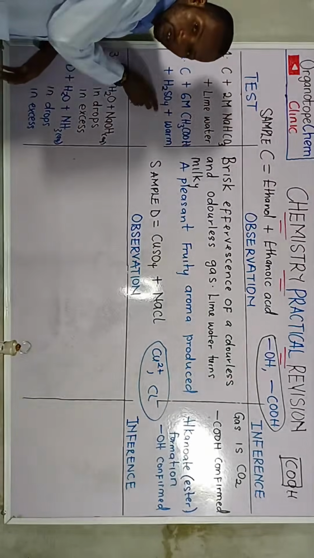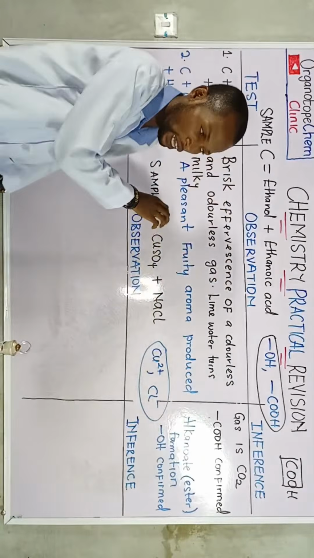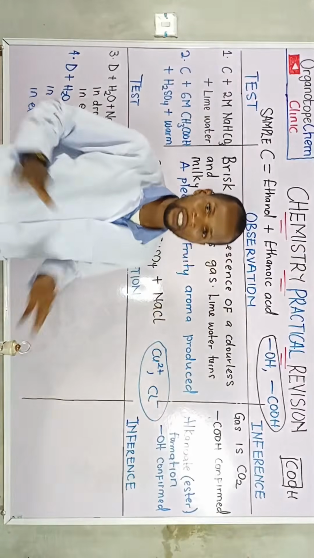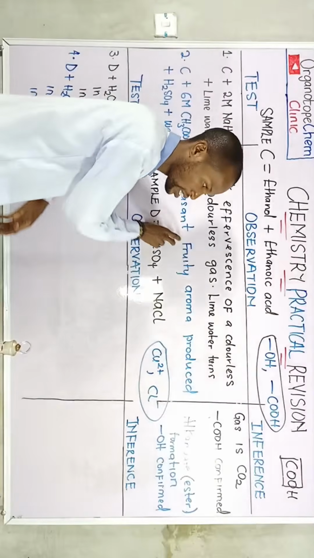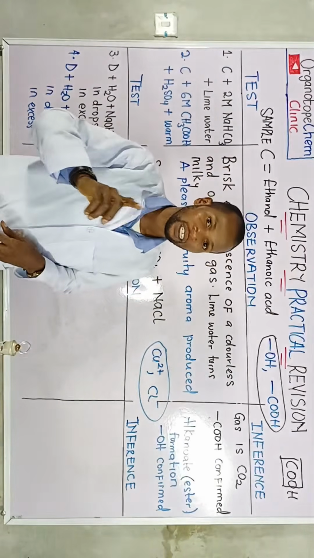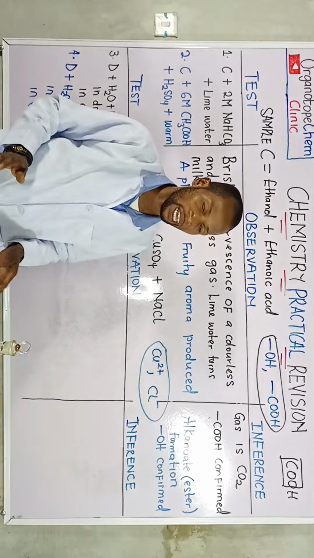Once the orientation is wrong here, then the whole line for the observation and inference will be marked wrong, even when it is correct. Take note of that. So make sure you take note of your test for this qualitative analysis.